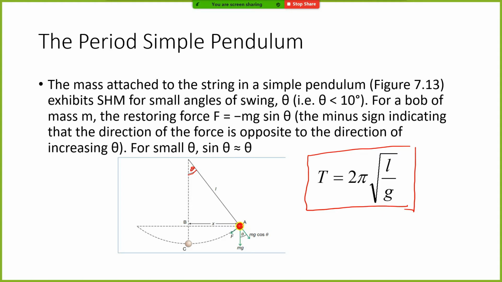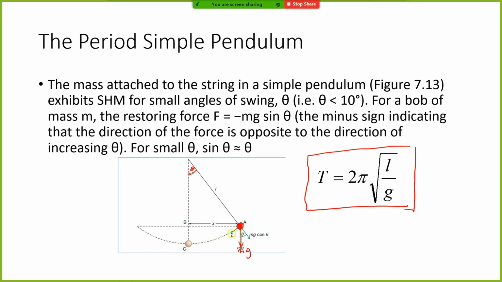Now, when the object is at this position, at this displacement, one of the main forces acting on it is the weight. And we know that weight is equal to mg. Now, as you can imagine, when the object is at this displacement and you let it go, there will be a force that will bring it towards the center.